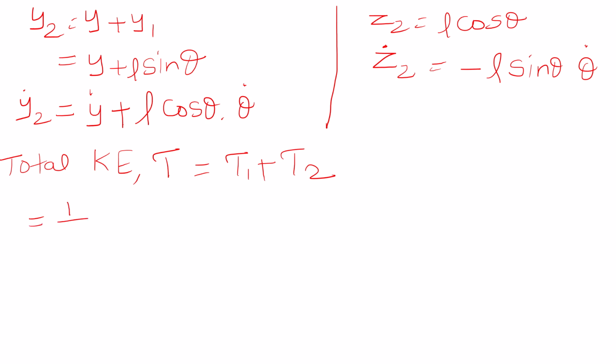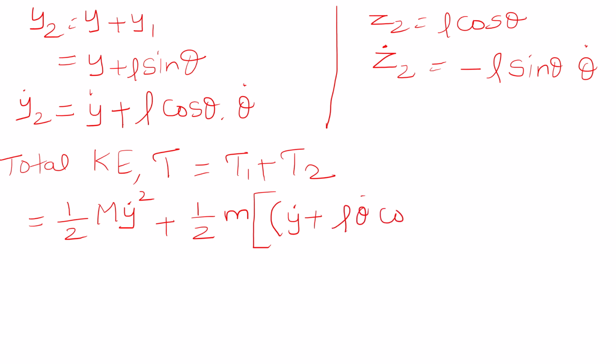We have already got T1 as half into capital M into y dot square, plus T2, half into small m. Substituting the values of y2 dot and z2 dot, we get half m into y dot plus L theta dot cos theta, the whole square, plus L squared theta dot square sin square theta.